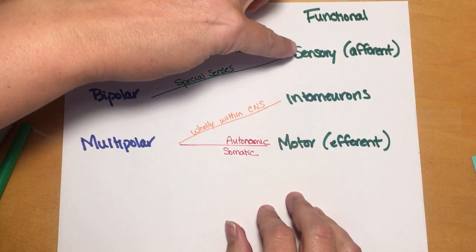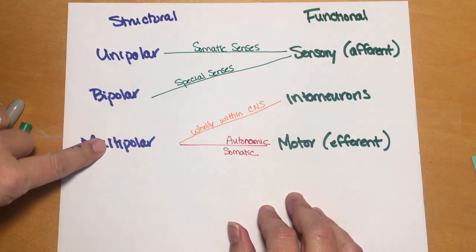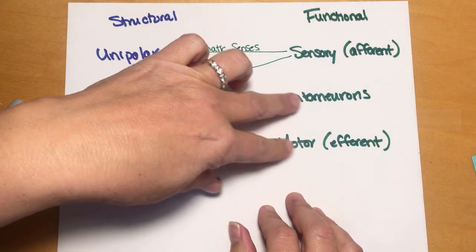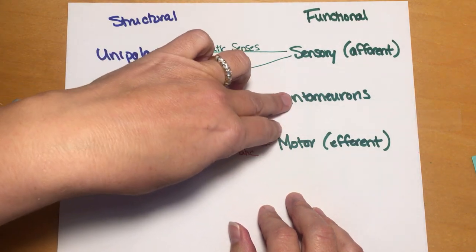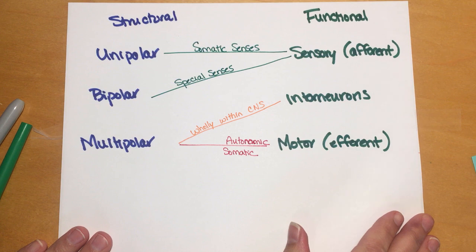So two types of structural neurons carry sensory, and only one type of structural neuron carries motor, which is being carried by both interneurons and motor neurons.